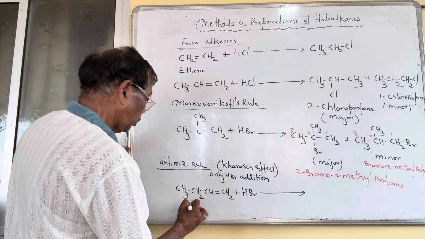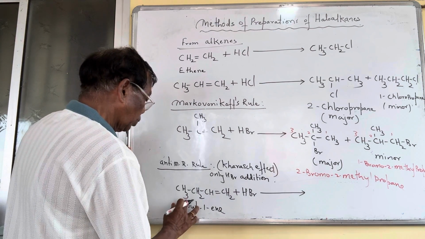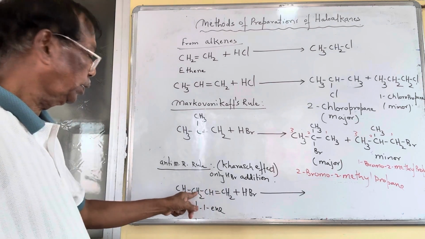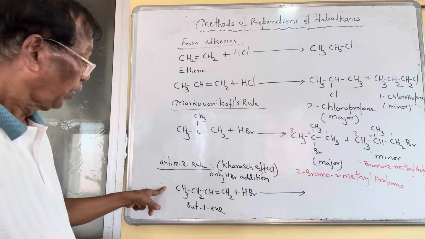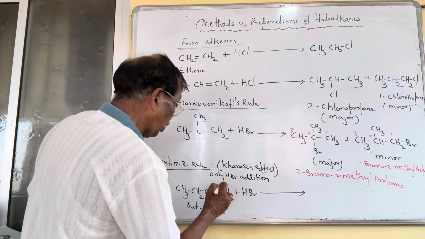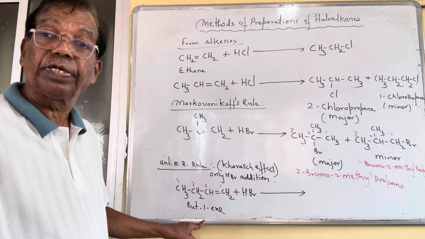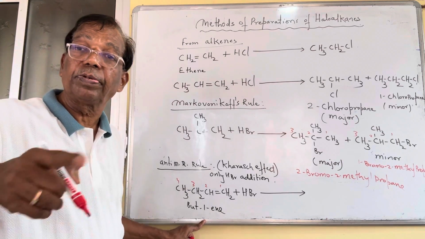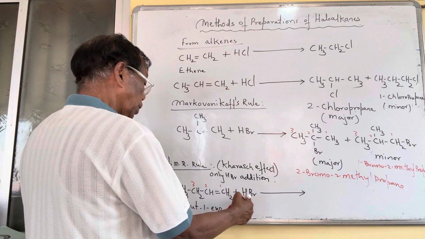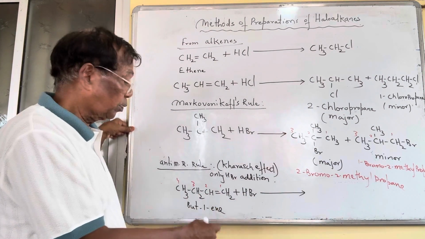So it is 1-ene, or 1-butene. Four carbons means butane, and in carbon number 1 there's a double bond, so the double bond is between 1 and 2. When the double bond is between 1 and 2, you mention only 1, no need of writing 1, 2. So but-1-ene.